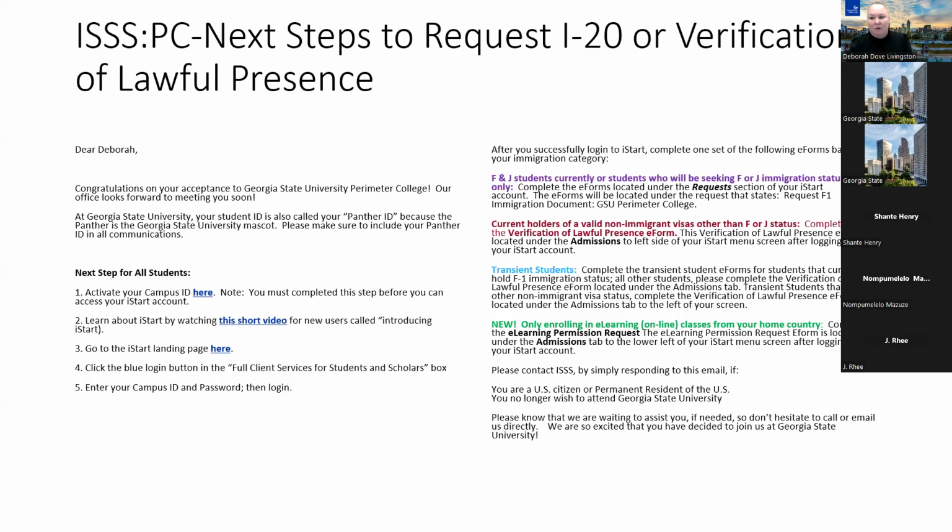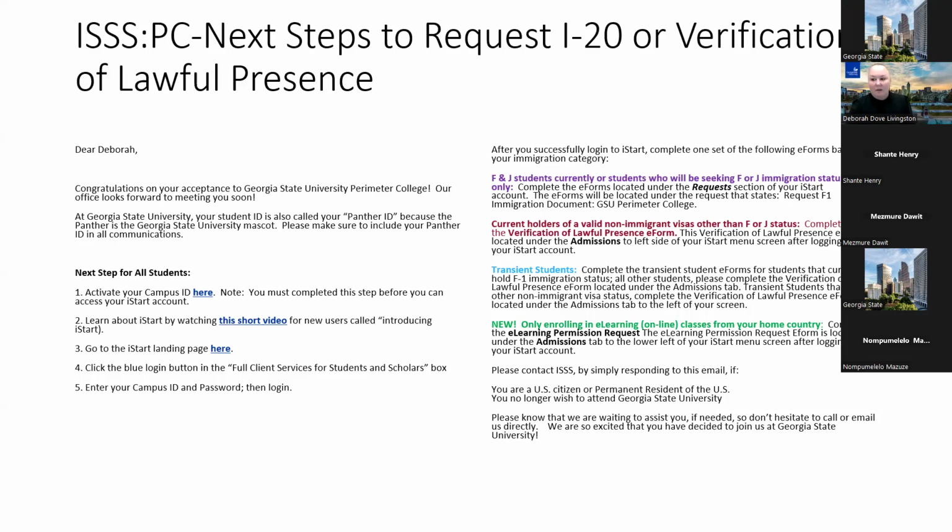So some students will only need to submit one e-form, but others may have multiple e-forms to submit. The e-forms will be located in various locations of your iStart landing page once you're logged in. So it's important to take note of where the e-form or the e-forms you need are located within the iStart menu or landing page in this email.